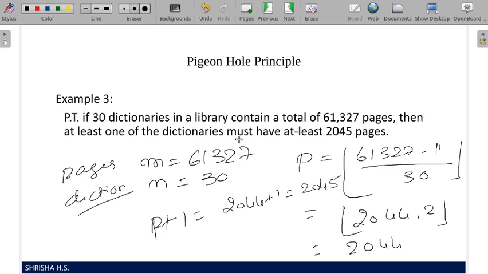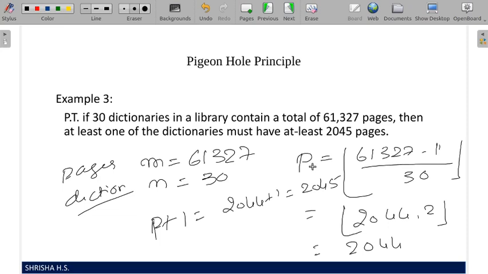If you observe, the question exactly matches our definition. In the examination, if you get this question, write what m is: the number of pigeons, m, is 61,327. Then write what n is, the number of dictionaries, and calculate p.